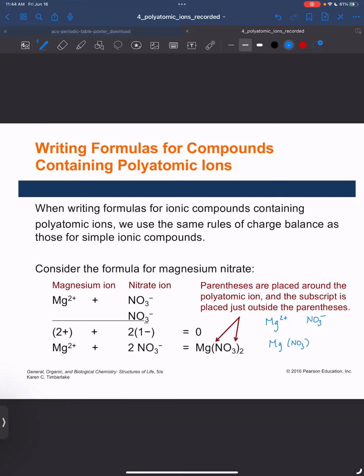I get students in the habit of putting parentheses around polyatomic ions, because otherwise, if there are no parentheses, someone might assume it's 6 oxygens and only 1 nitrogen, and that wouldn't be the correct formula. So put parentheses and then do the crisscross rule: 1 down by the magnesium and 2 down outside the parentheses next to the nitrate. So you can still do the crisscross rule, but put parentheses around your polyatomic ions.